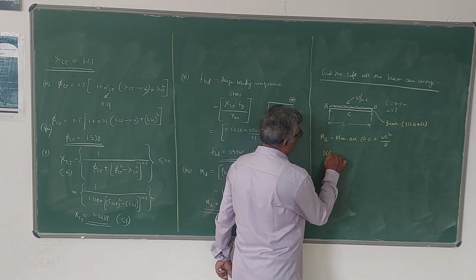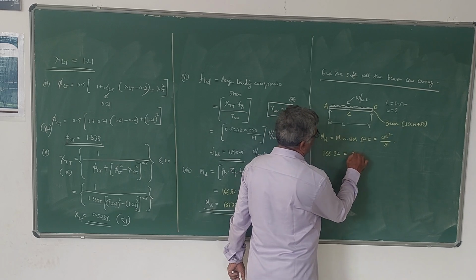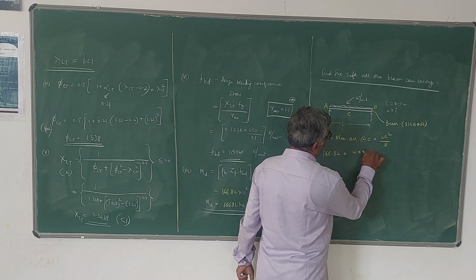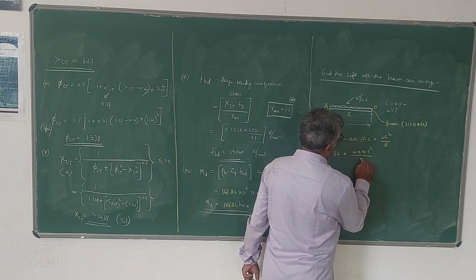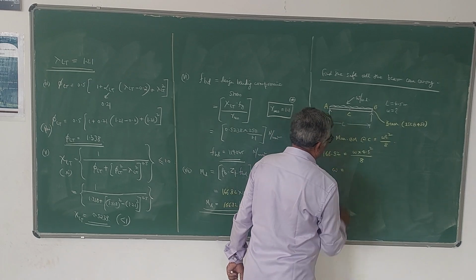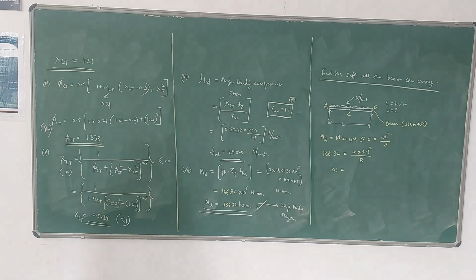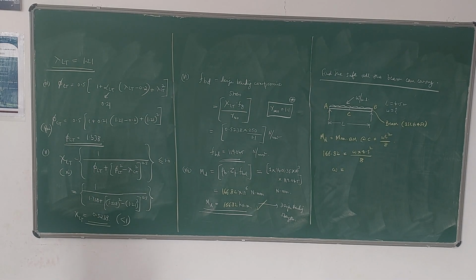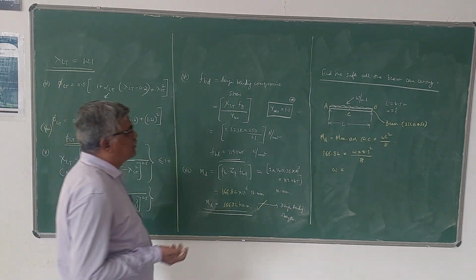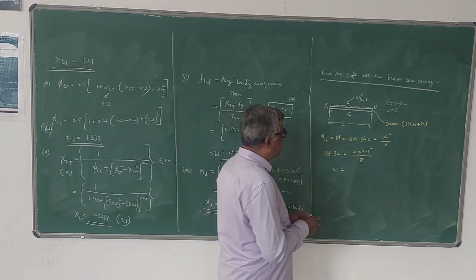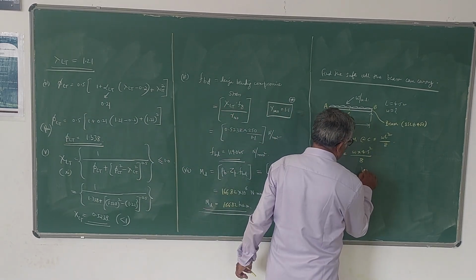166.82 is equal to W into L square by 8, where L is 4.5. That's all. If they ask you to find the load, equate the maximum bending moment to MD. So it will be in kilonewton per meter.